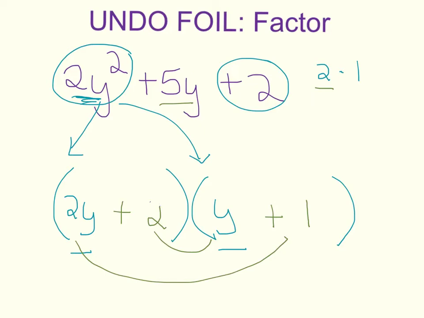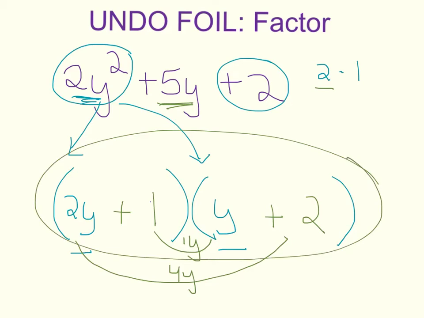So that means let's try the other combination. What happens when we place 1 here and a 2 here? So now 2y times 2 is 4y, plus 1y is 5y. So just by guess and check, you can figure these out. But now I'm going to teach you the step-by-step process that will allow you to get the answer every time.